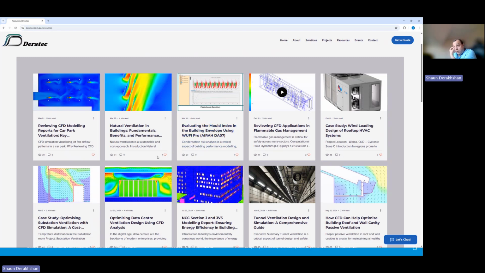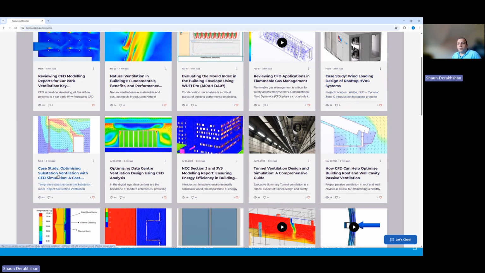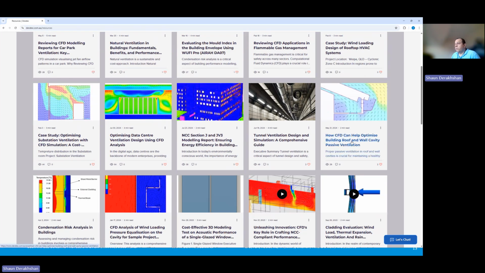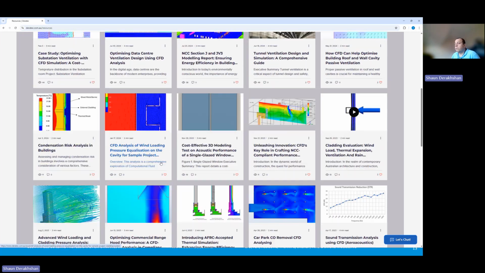So you can see we have a lot about simulation, but talking about our webinar topic, we have wind loading design for rooftop, which we will review now. Cases for optimization and ventilation: how simulation optimizes building roof and wall cavity, condensation risk, and simulation analysis of wind loading. We already reviewed that.